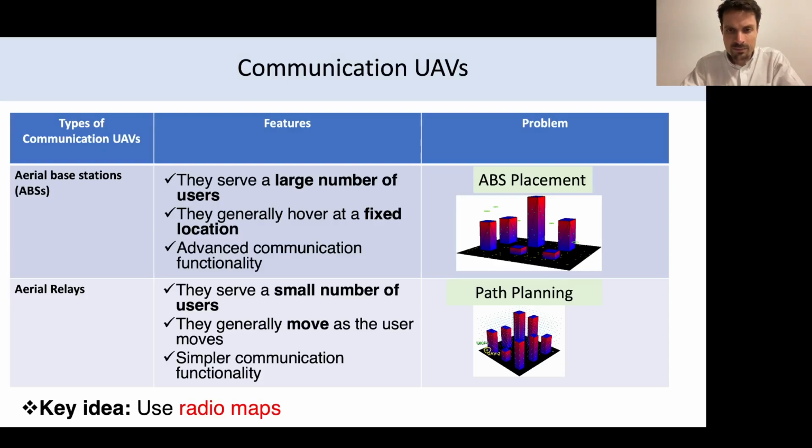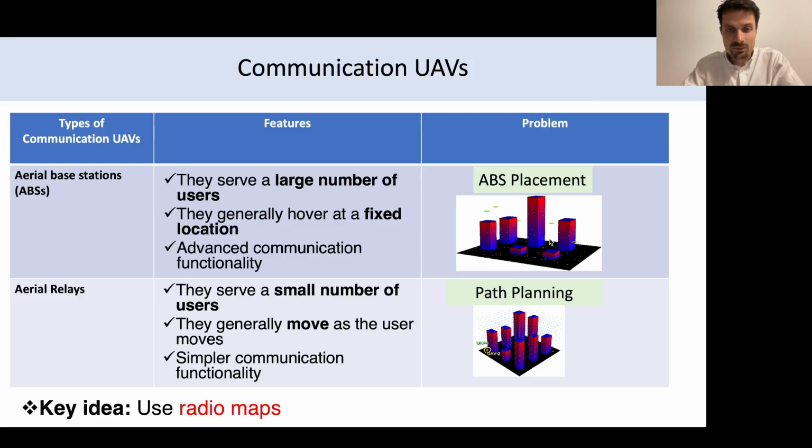The challenge here is that the quality of the positions of the UAVs as well as the quality of the trajectories depend on the channel from the users to the points in the airspace where the ABSs are. So in principle, to choose a good set of locations or trajectories, we would need to measure the channel from the users to every point in the airspace so that we can choose the best points, right?